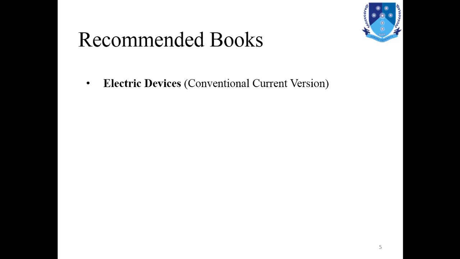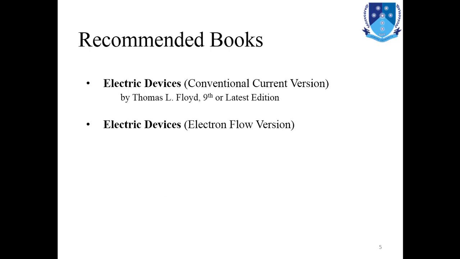Recommended book for this course and even this lecture is Electronic Devices, authored by Thomas L. Floyd. We are using the 9th edition of this book. If you have the latest edition, it is also acceptable.